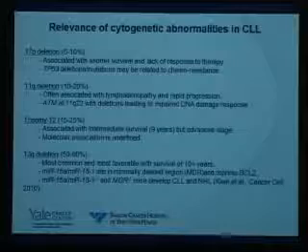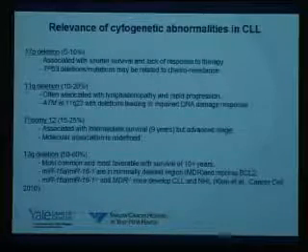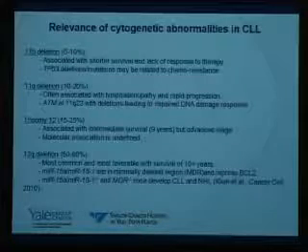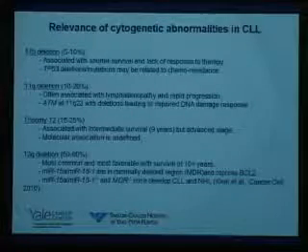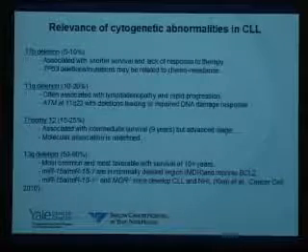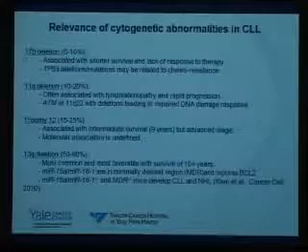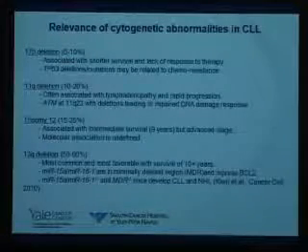And these microRNAs apparently target repression of BCL2, which is an anti-apoptotic survival factor. And so the deletion of these microRNAs in this subset of patients may lead to overexpression of BCL2 with enhanced survival of the cells.